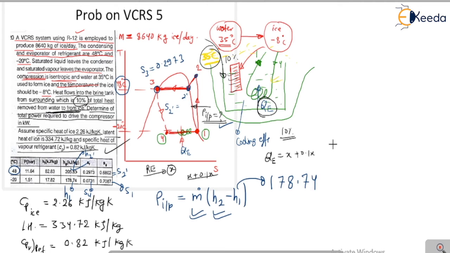So my dear friends, by using some basic thermodynamic properties, we have to calculate the H2 value and this mass flow rate. So in the next page, we have to calculate our H2 value.